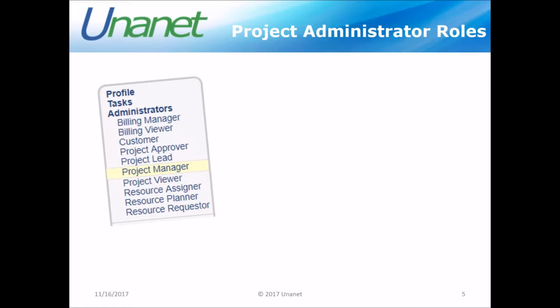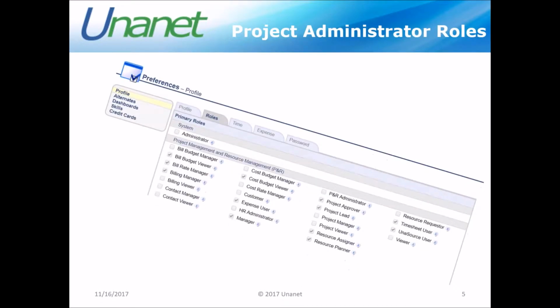As you see here from this screenshot of administrators available on a project, there are a lot of roles. So maybe you say, okay, let me go look at my preferences. Up on the top right in Unanet, you can go to preferences and click on the roles tab and you can see the roles that you have.